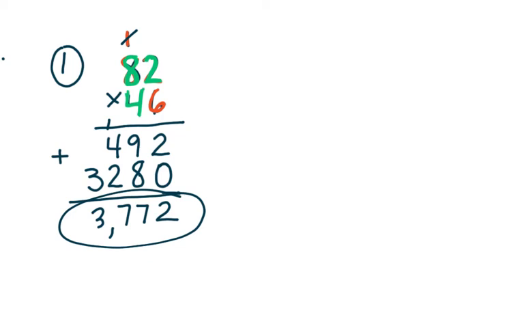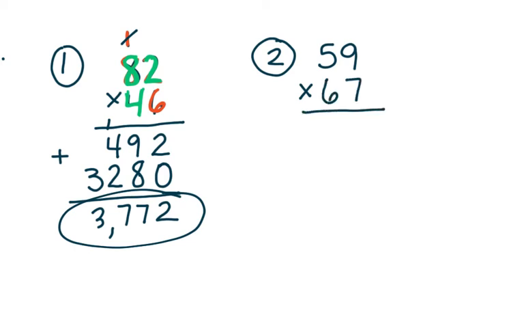Let's go ahead and try another one. Let's take 59 times 67. 59 times 67. Just like we normally do, we're going to take that 7 times a 9 because the 7 had to be multiplied by each of the numbers above as well as the 6.